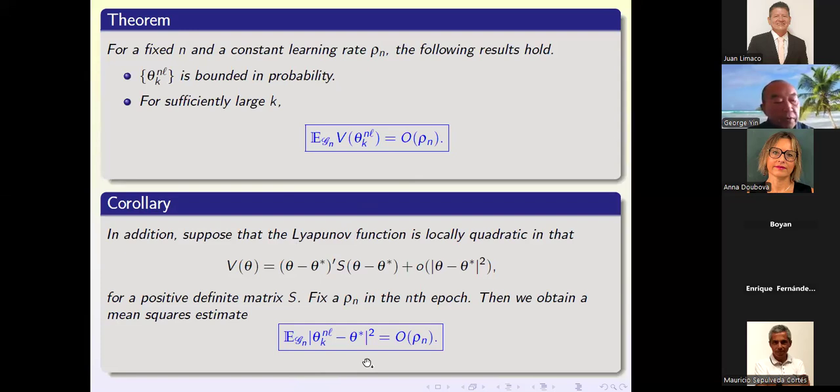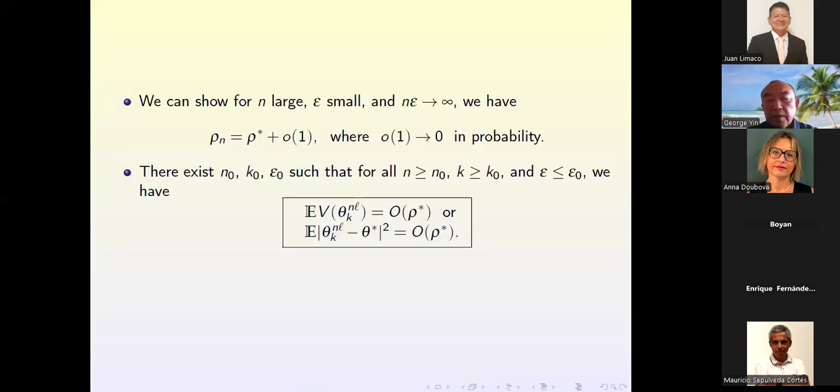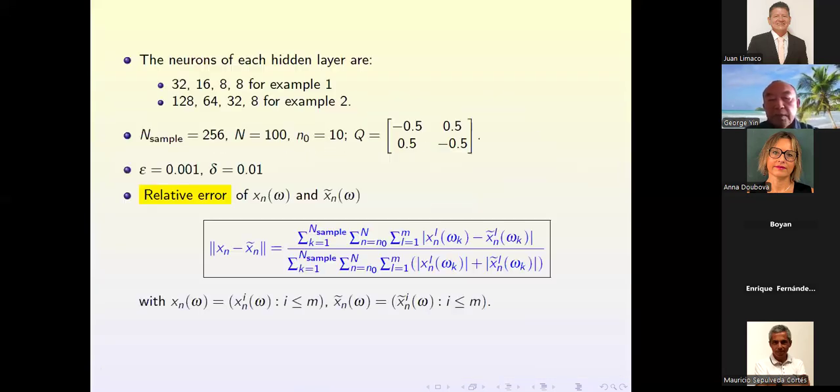The second moment, or mean square error, is of the order of rho n. So maybe let me just mention some numerical results. I think it looks like I lost some slides in this process. If I get a chance, I'll show you by looking at another file later for that part.